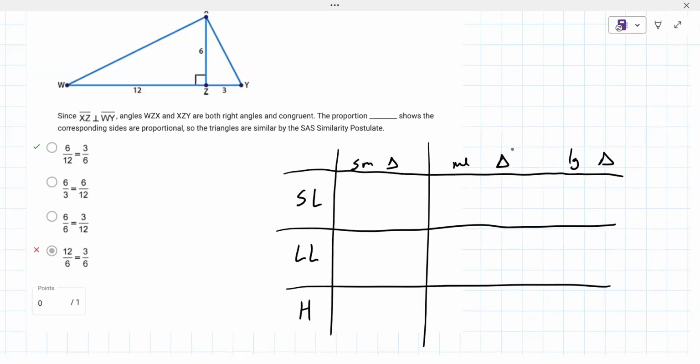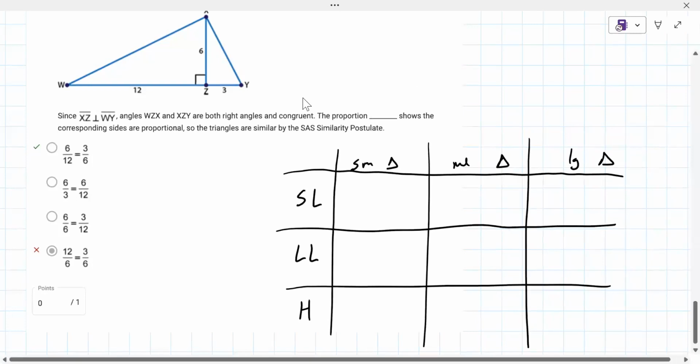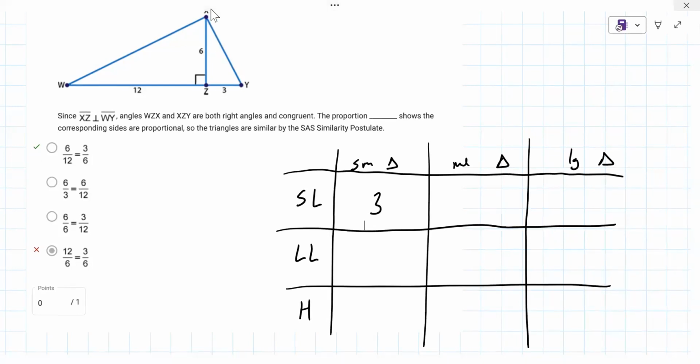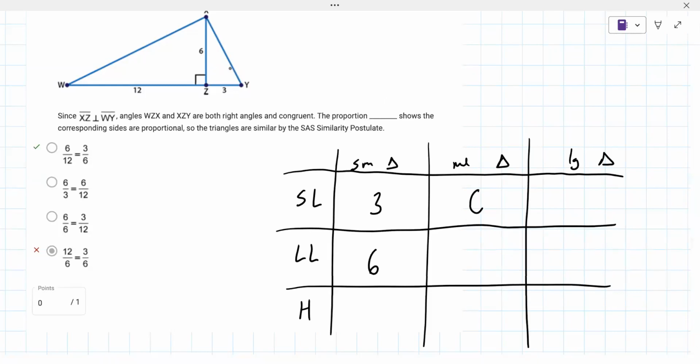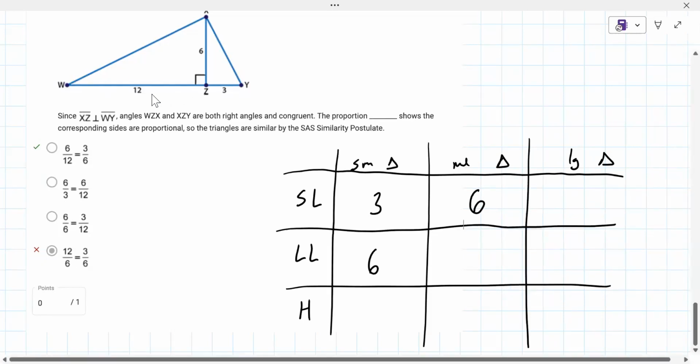It's to figure out, well, what exactly are you given? For example here, this 3 is the short leg of the small triangle. The 6 is the long leg of the small triangle, but this 6 is also the short leg of the medium triangle. And the long leg of the medium triangle is 12.